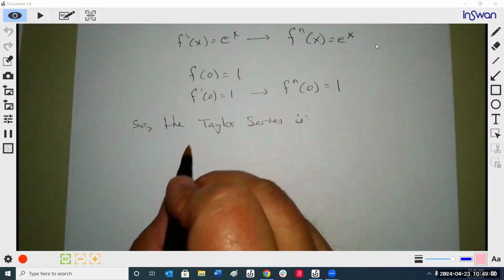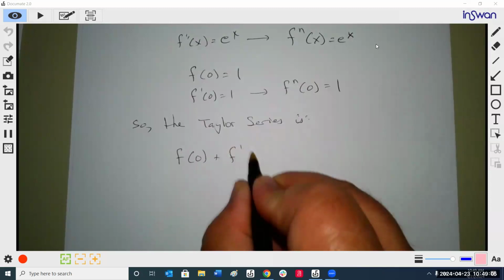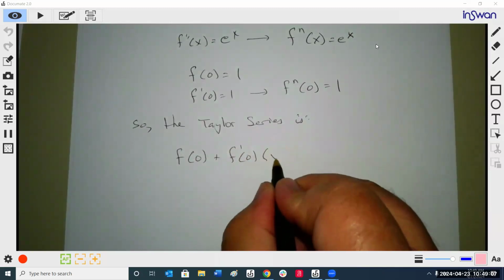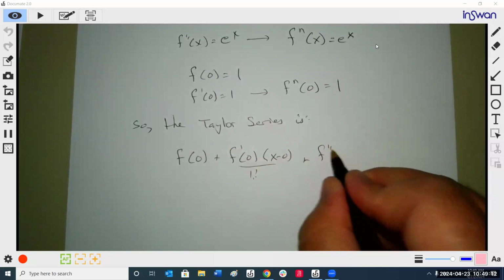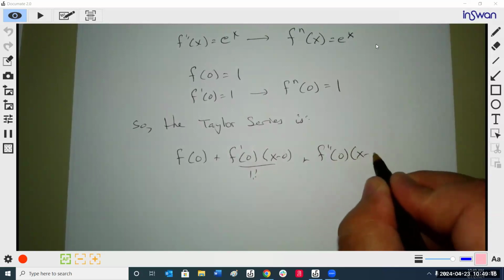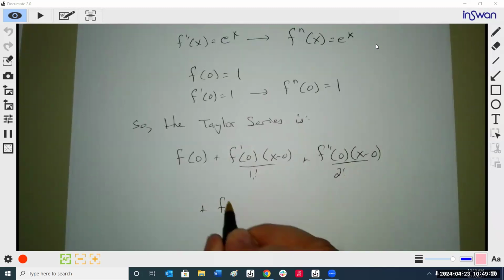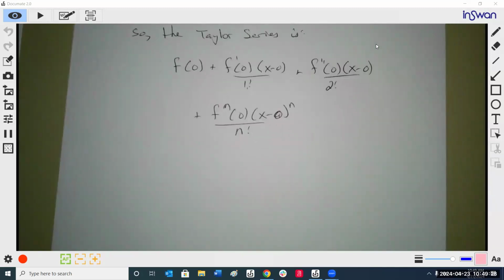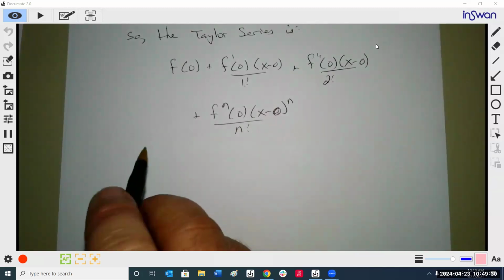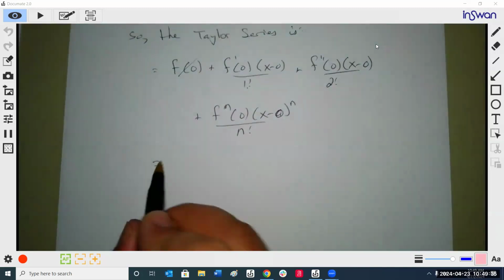all of the terms will equal 1. So this Taylor series is, x minus 0 over 2 factorial, all the way to f n of 0 times (x minus 0) to the power n over n factorial. But all these are 1.